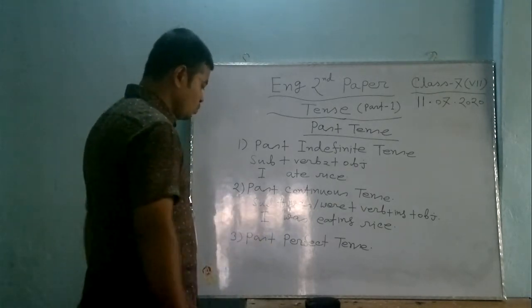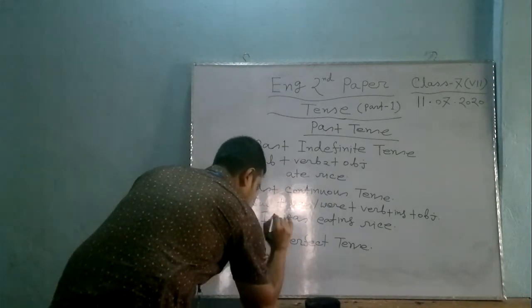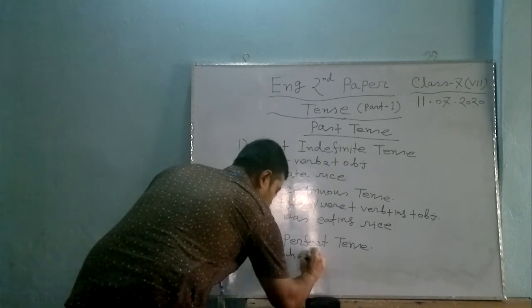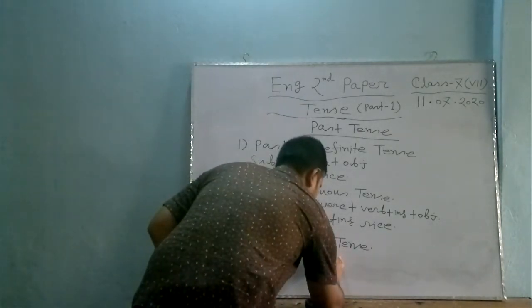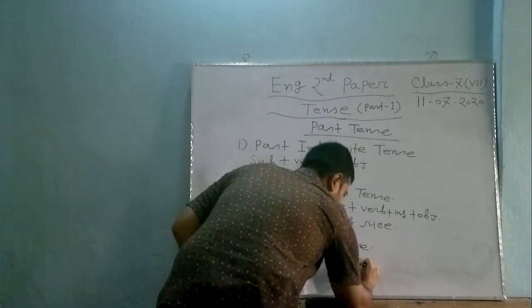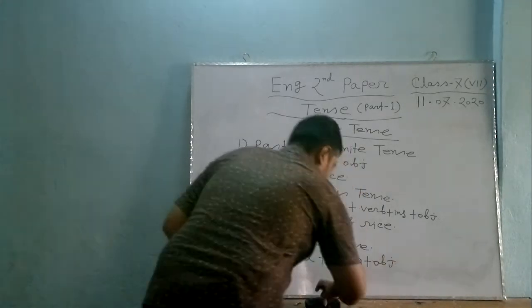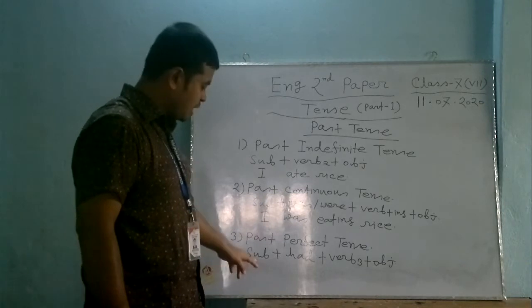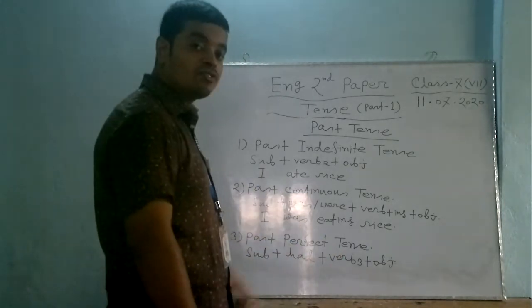Then we want to go to past perfect tense. Structure is subject plus had plus verb 3 plus object.